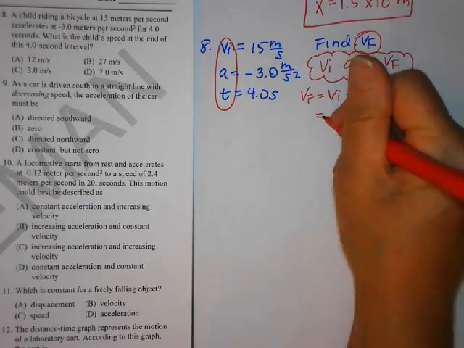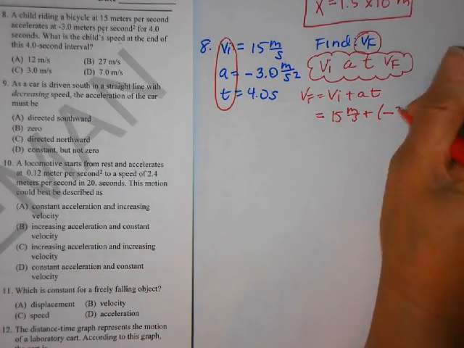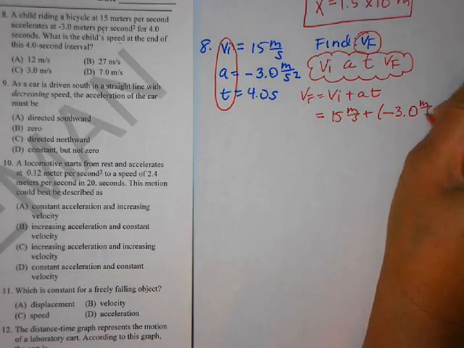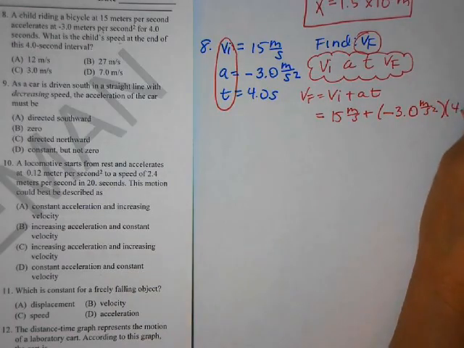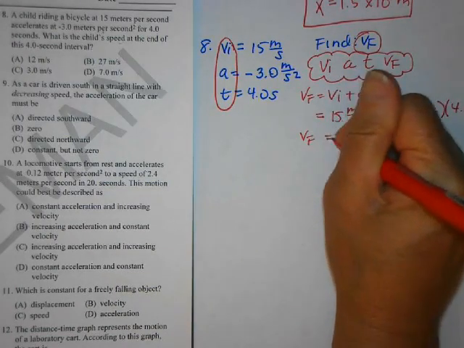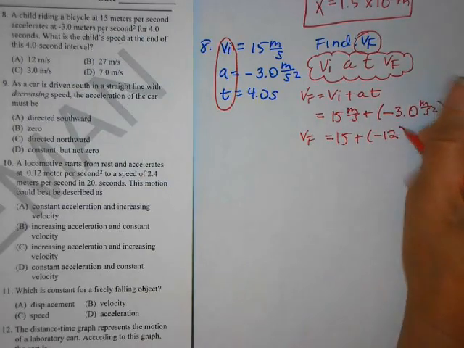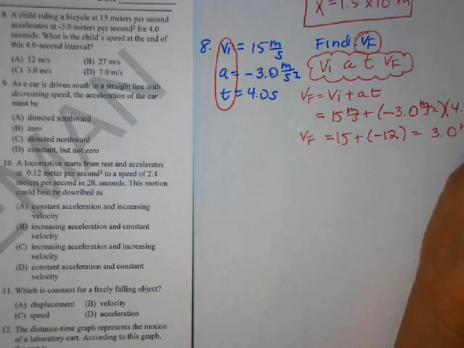I substitute in 15 meters per second plus negative 3.0 meters per second squared times 4 seconds. So VF comes out to be 15 plus negative 12. So it comes out to be 3 meters per second.